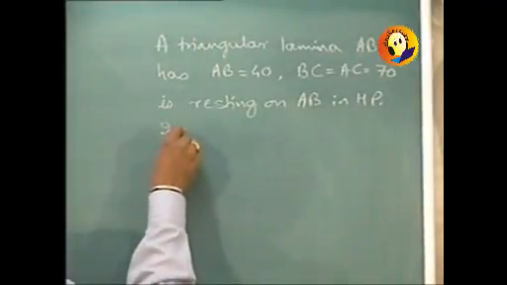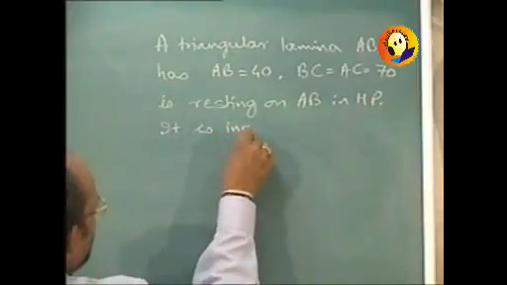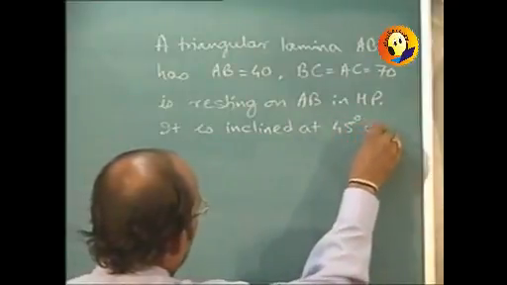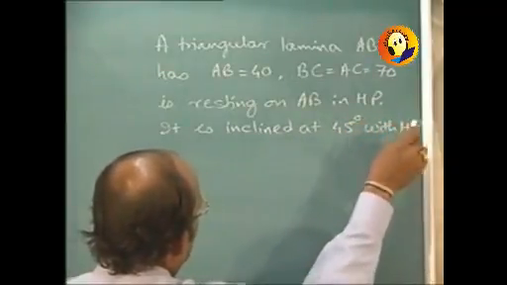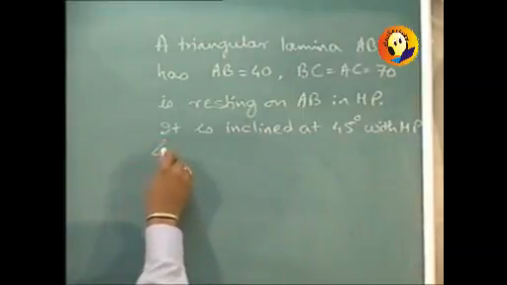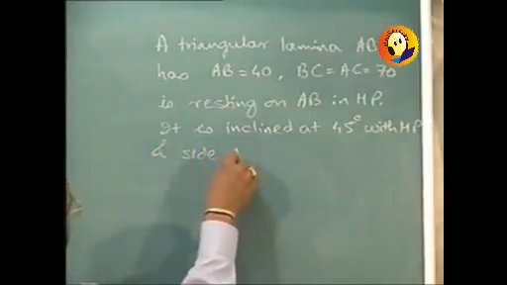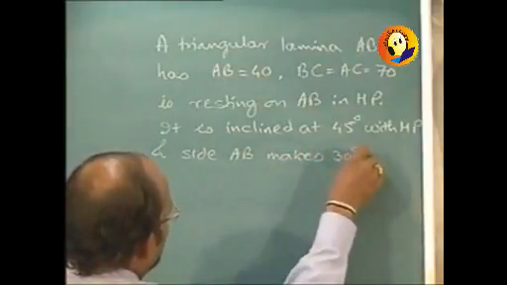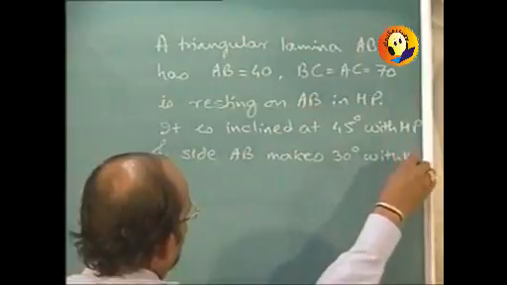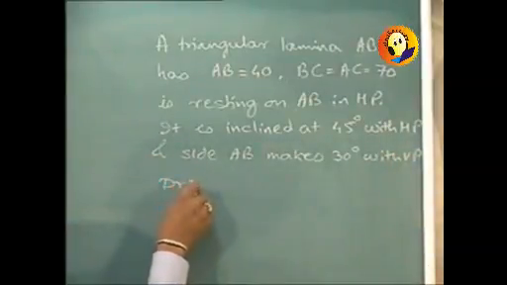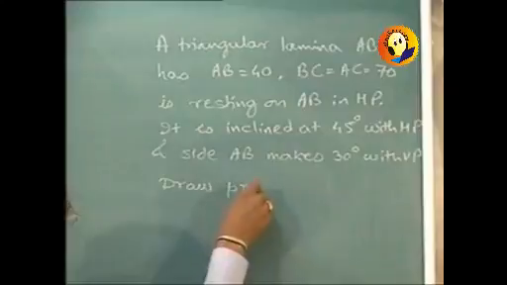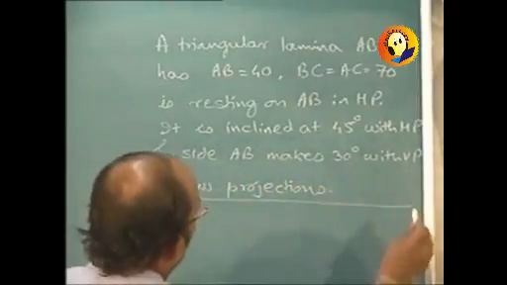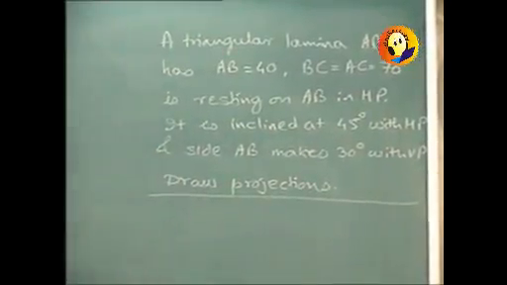It is inclined at 45 degrees with HP and side AB makes 30 degrees with VP. Draw projections. A typical problem on projections of planes.